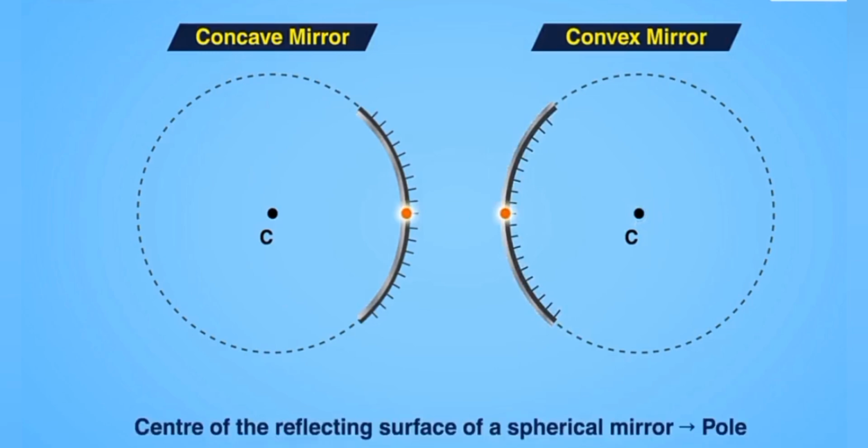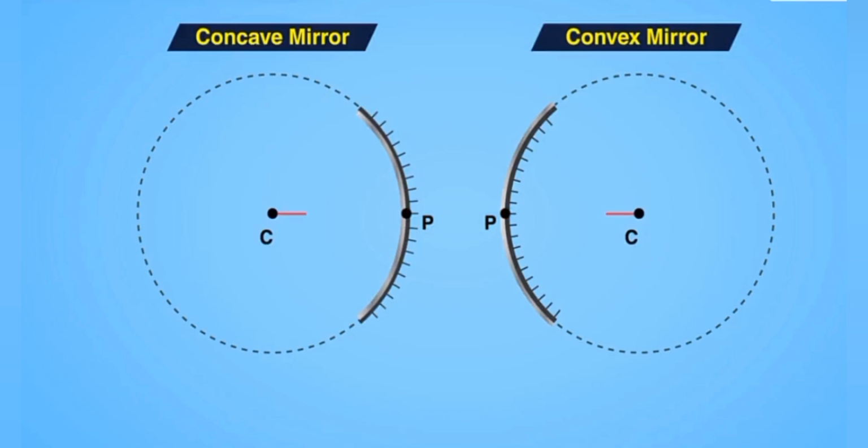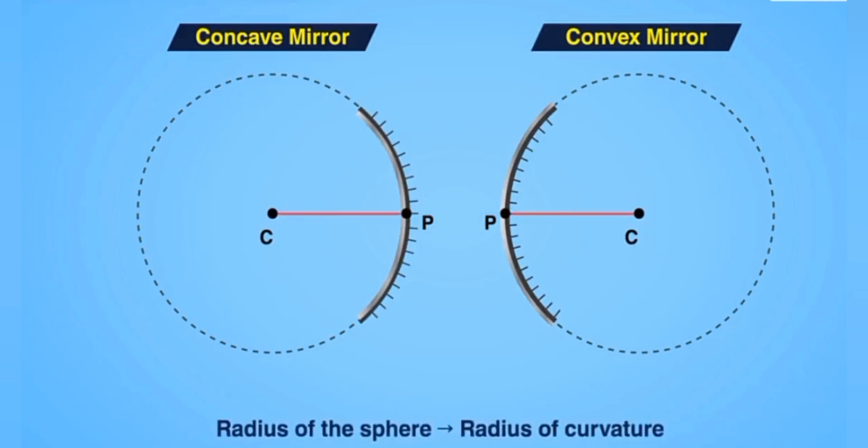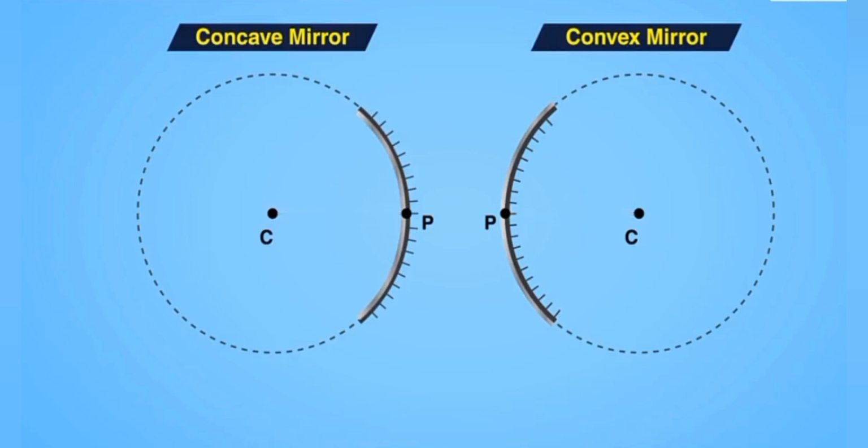The center of the reflecting surface of the spherical mirror is known as the pole of the mirror. It is denoted by the capital letter P. The distance between the points C and P is the radius of the sphere and is known as the radius of curvature of the mirror. It is denoted by the capital letter R. The line that joins the center of curvature and the pole is known as the principal axis of the mirror.